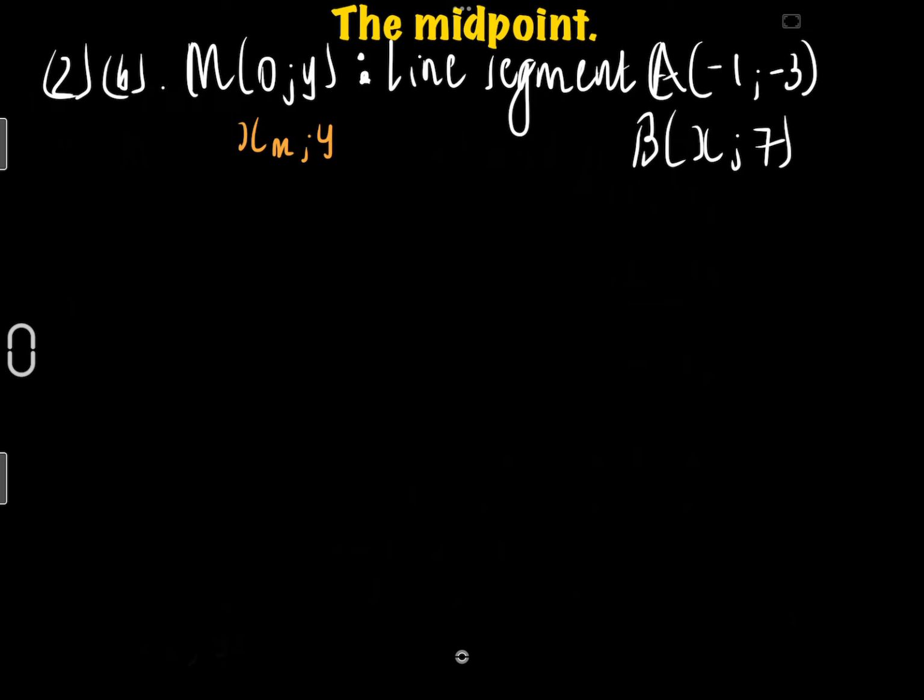For A, our parameters are x is equal to -1 and y is equal to -3, so essentially we have xa and ya, because we're talking about A here.